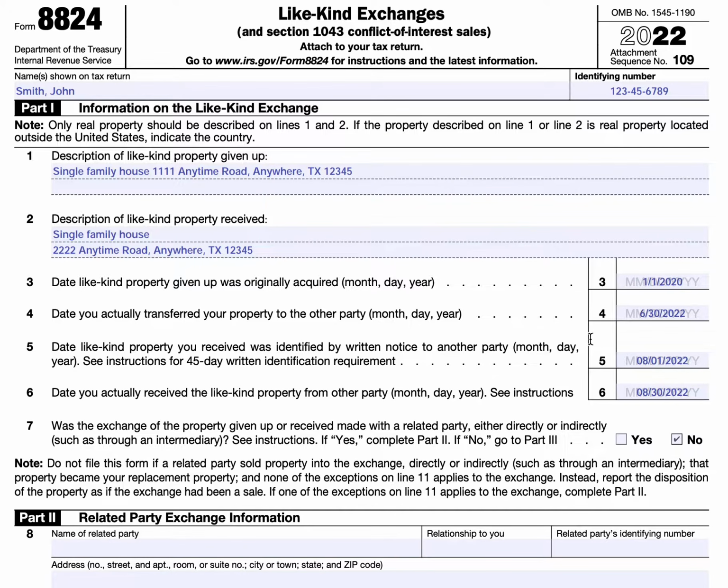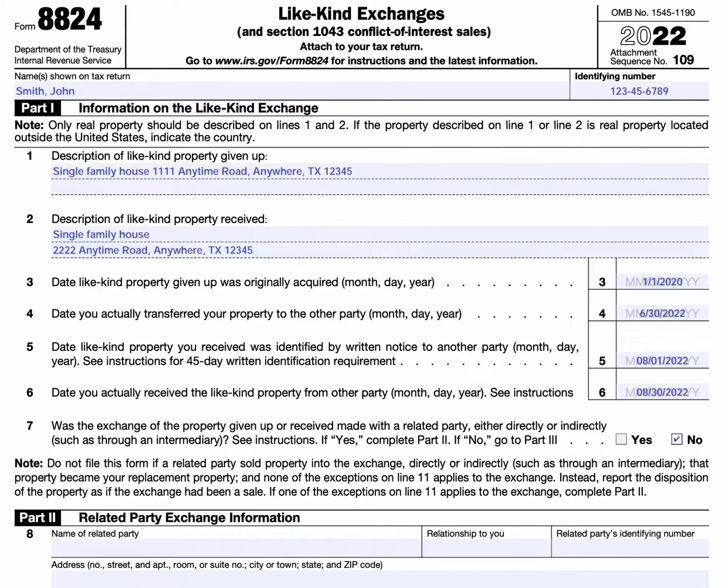Now, under the like-kind exchange rules, or under Section 1031 rules, you have a 45-day requirement in which you must have a written identification on your replacement property. You don't need to have actually secured the replacement property within 45 days, but you do have to have it identified in writing. And then you have up to 180 days to close on the eventual property.